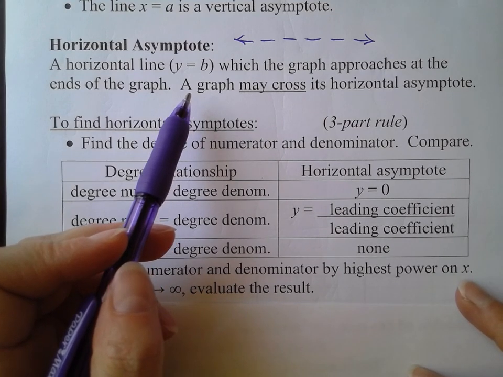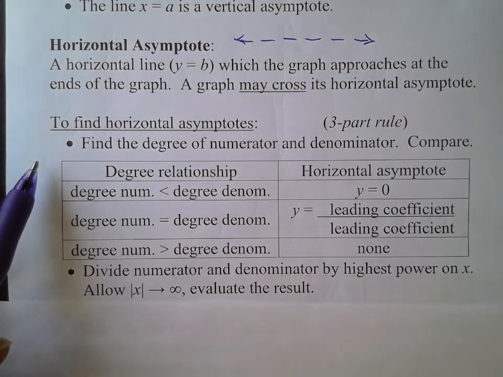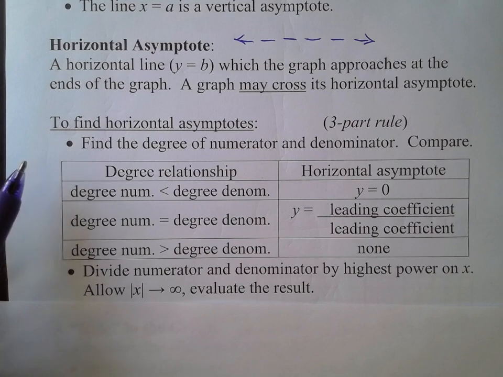There are two ways to find the horizontal asymptote. One is to use this three-part rule. I found that many people like this method, so I usually use this in college algebra. But there is another method that you can use as well, so it's just a matter really of your preference at this point.